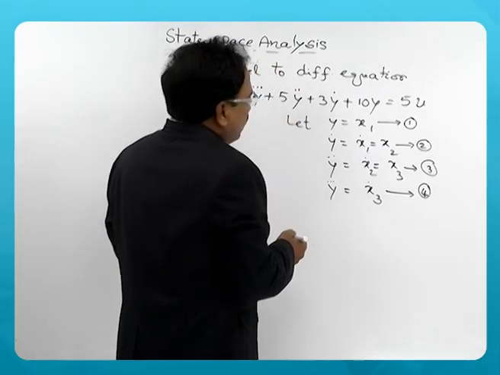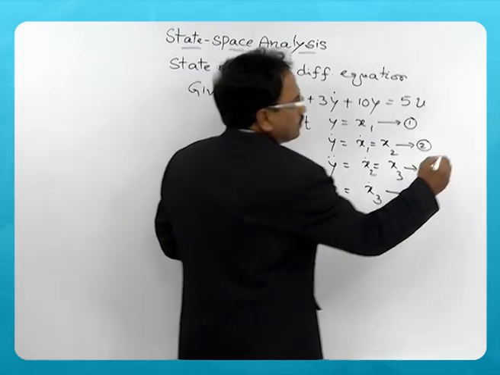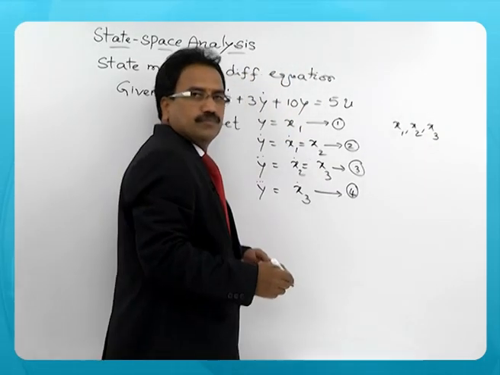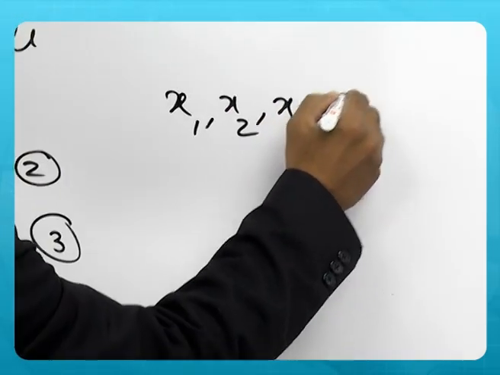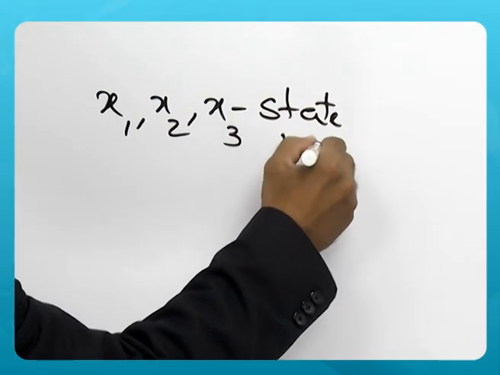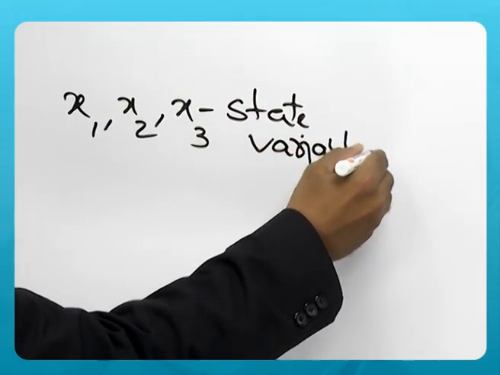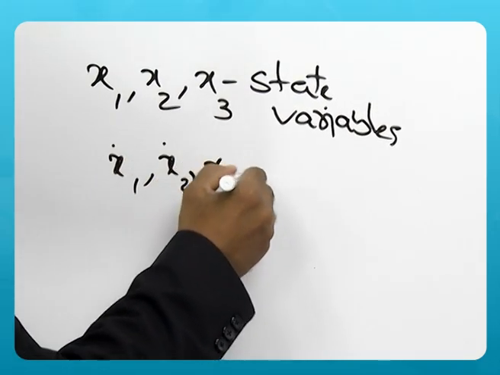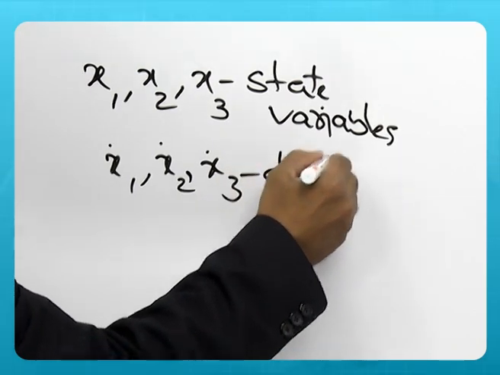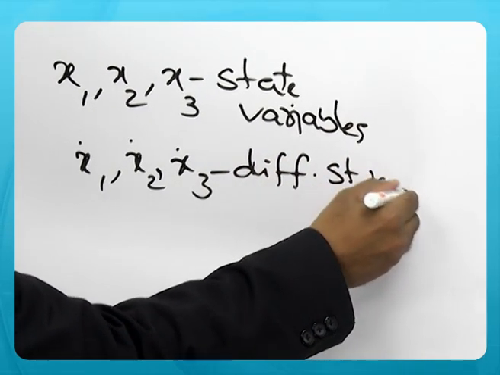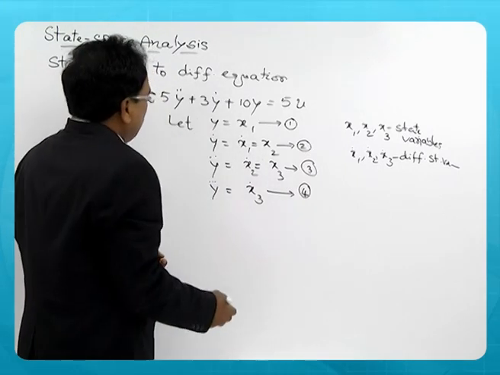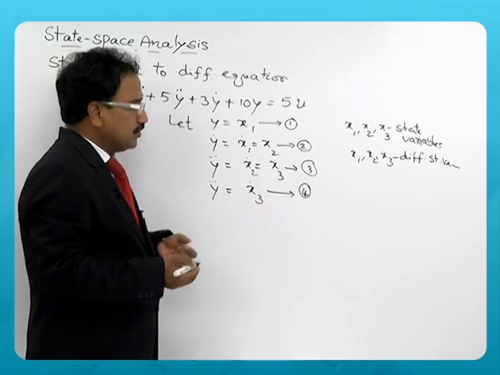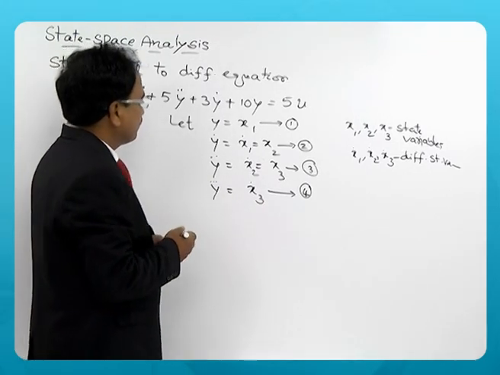Now the state variables here are x1, x2 and x3. They are known as state variables, and x1 dot, x2 dot, x3 dot are differential state variables. Now substitute all these 4 equations in the main differential equation that is given.